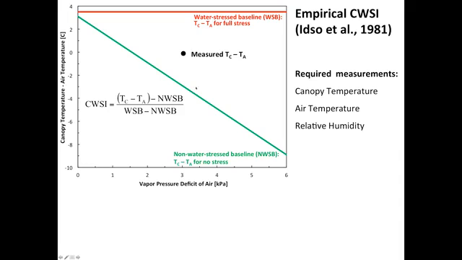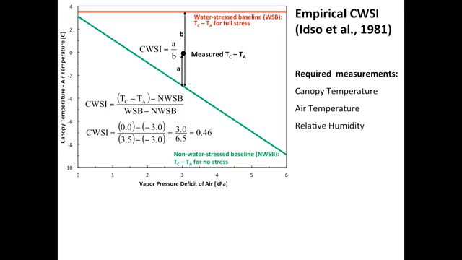We would then calculate the crop water stress index by taking the difference between this measured value and the non-water stress baseline, which we define as A, and then dividing that by the difference between the water stress baseline and the non-water stress baseline, which we define as B. So crop water stress index is just A over B, or in our example, we take our measured value of canopy minus air temperature of 0, subtract off the non-water stress baseline, and then divide the numerator by the difference between the water stress baseline and non-water stress baseline.